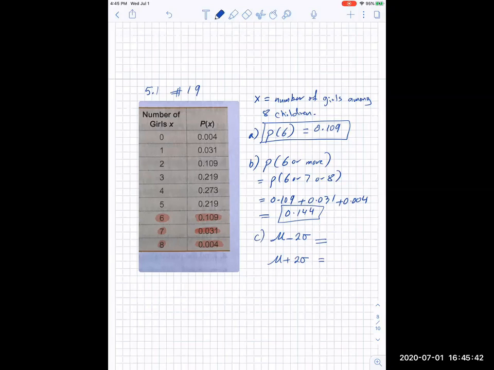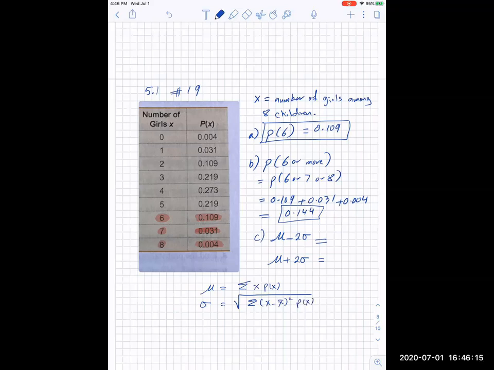And when you find the mean, remember you have the formulas I gave you, right? The mean is the sum of each x value times p of x, and the standard deviation is the square root of the sum of x minus the mean squared times p of x.